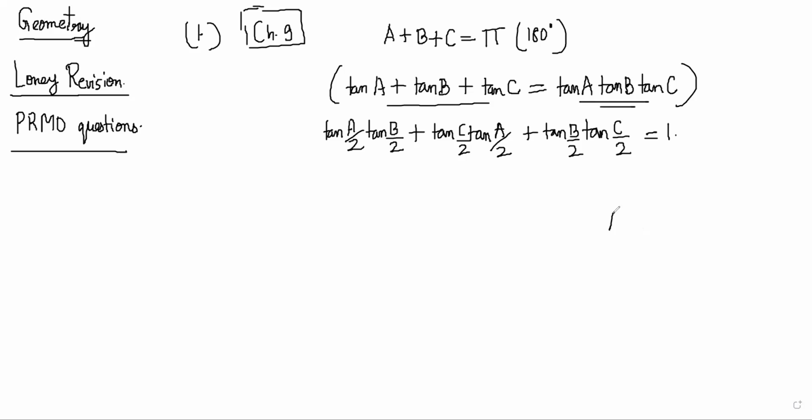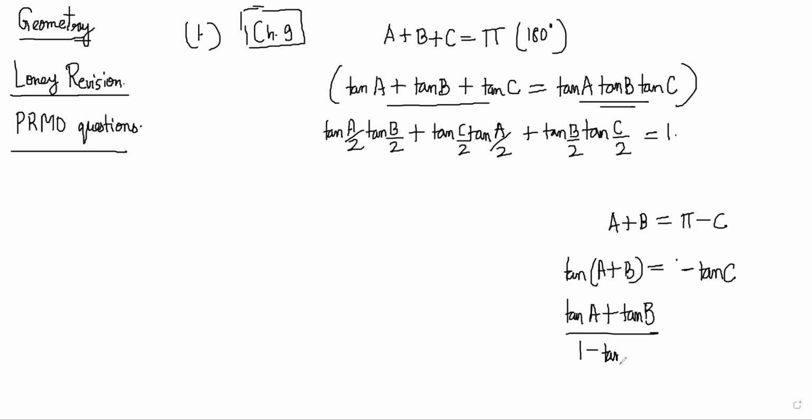If you forget, for example, you'll do A plus B is equal to pi minus C. You'll take tan on both sides. Tan of A plus B is equal to tan of 180 minus C, which is minus tan C. And this will become tan A plus tan B by 1 minus tan A tan B is equal to minus tan C. And then you'll be able to prove this first one.